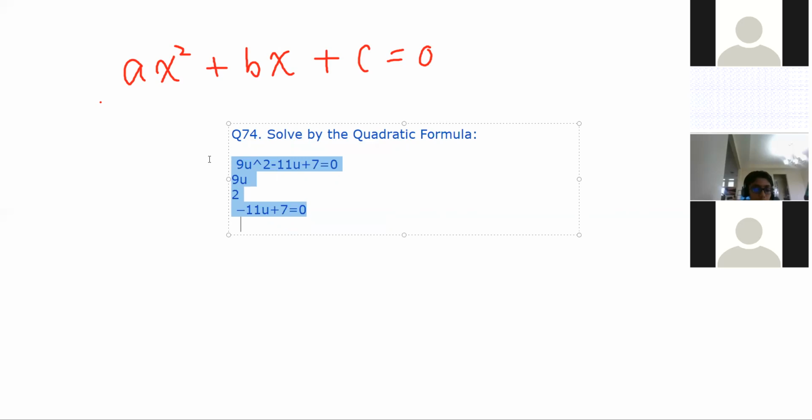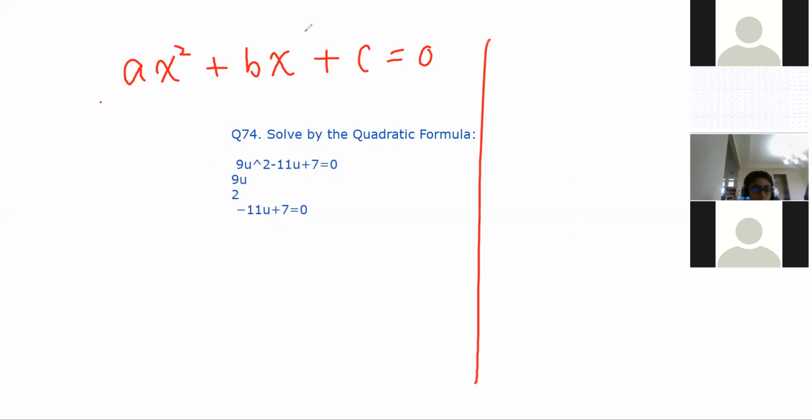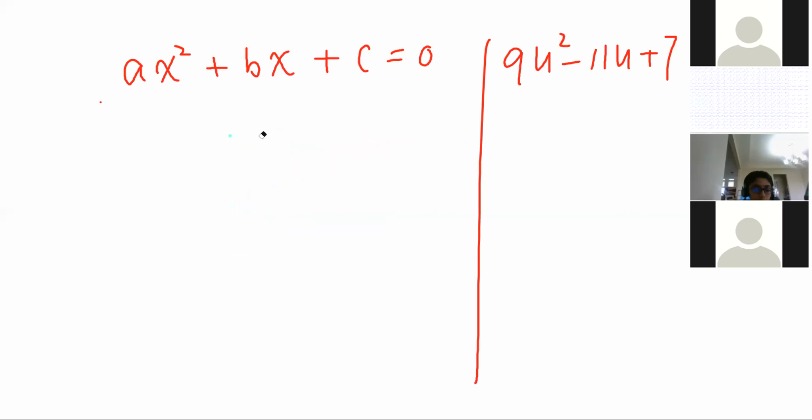The homework problem is 9u squared minus 11u plus 7 equals 0. Most of the time they didn't write it exactly as we expect.